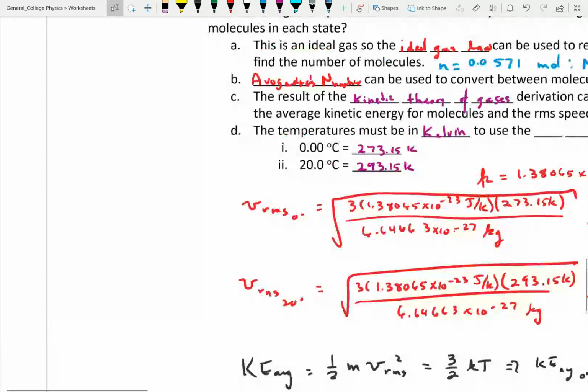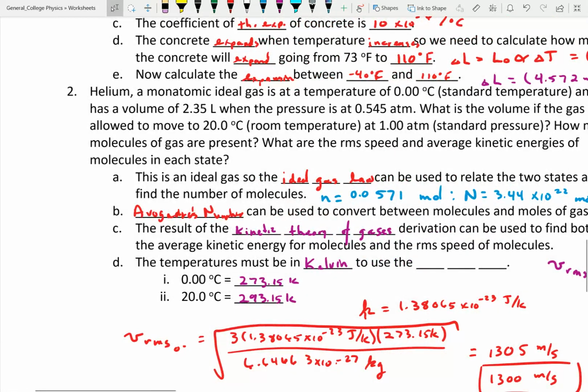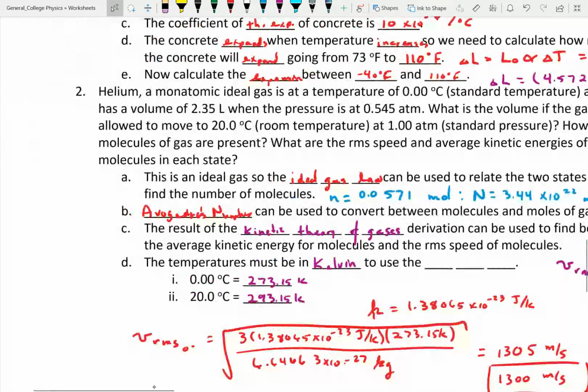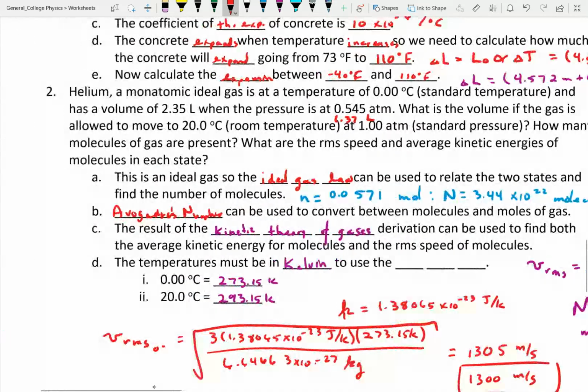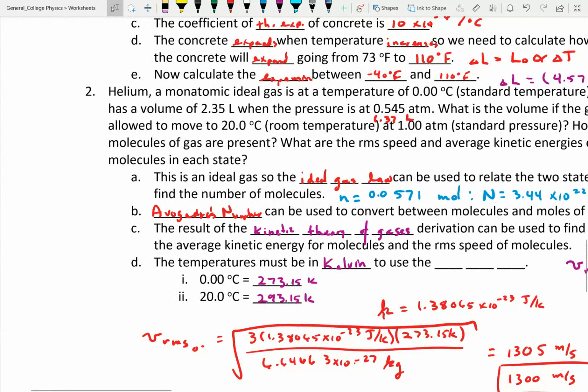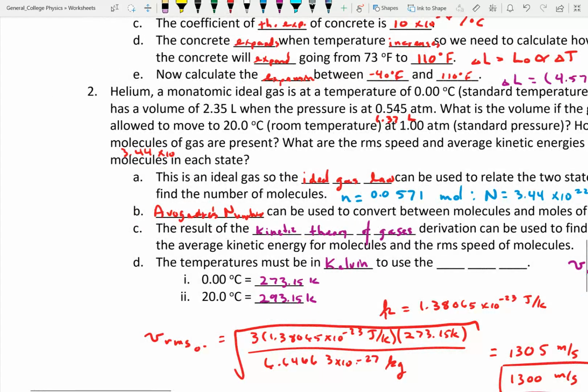Okay, so there we have done the entire problem. What is the volume if the gas moves to 20 degrees Celsius? Of course, that was 1.37 liters. How many molecules of gas are present? That was 3.44 times 10 to the plus 23, not minus.